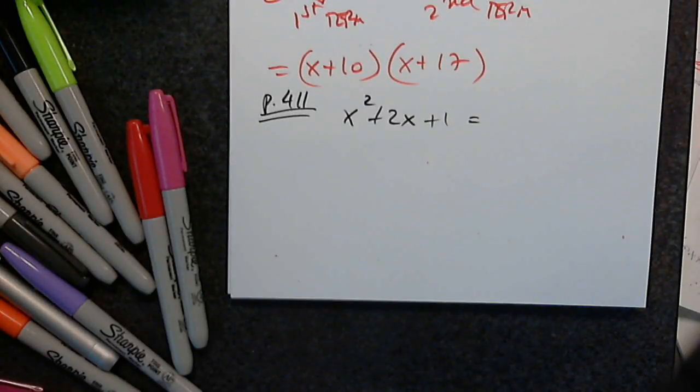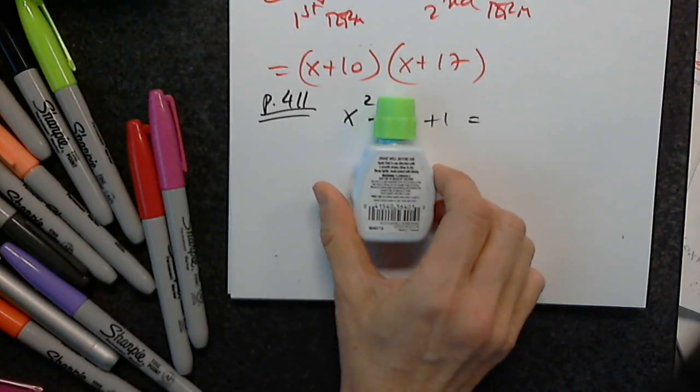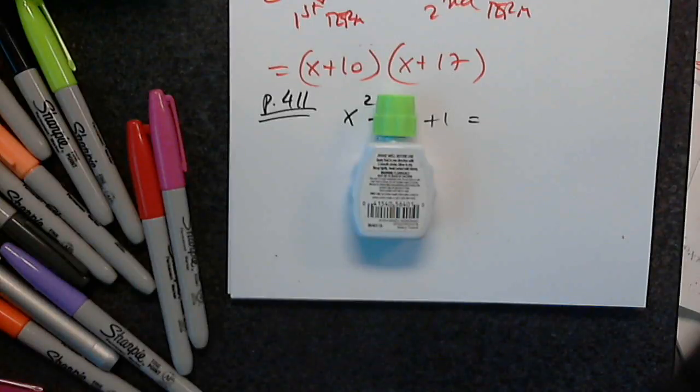Is this a special product? And if you remember how we checked last time, how do we check whether it's a special product? Where do I look? The answer is at the first term and the last term. Is this a perfect square? Yes, because it's x squared. Is this a perfect square? 1 is a friendly number.